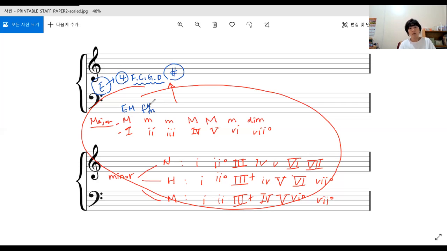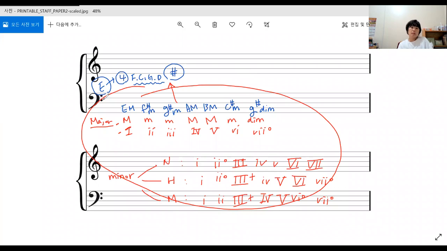So E major, F sharp minor, G sharp minor, A major, B major, C sharp minor, and then D sharp diminished. Okay, sorry, I'm just going to put this one in small letter like that, right?